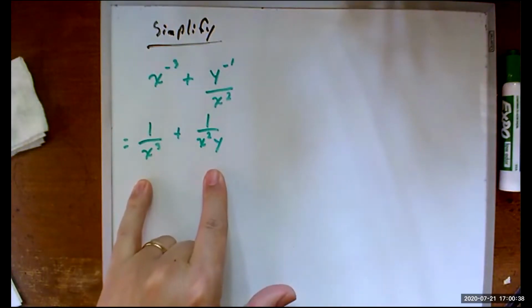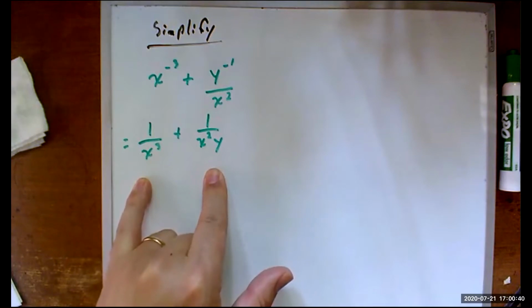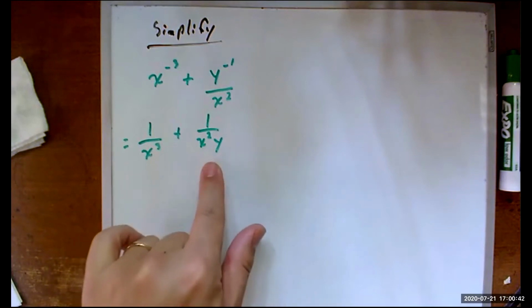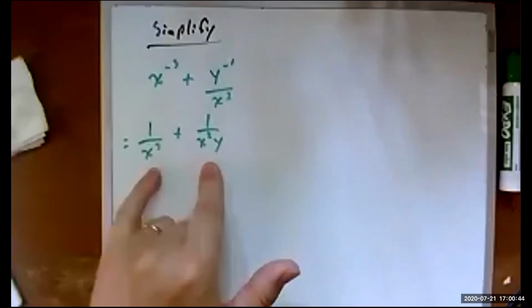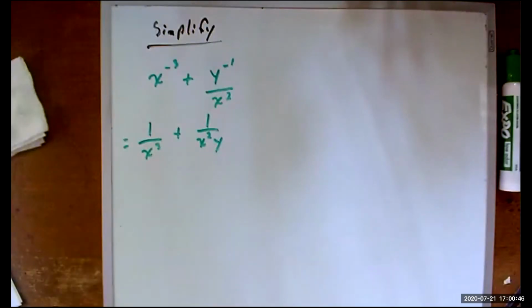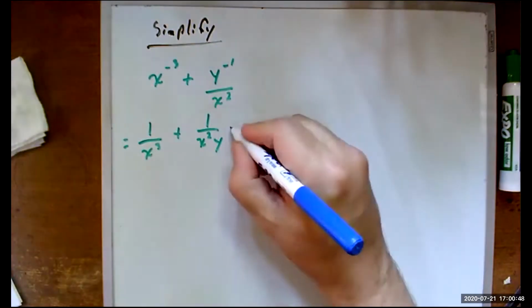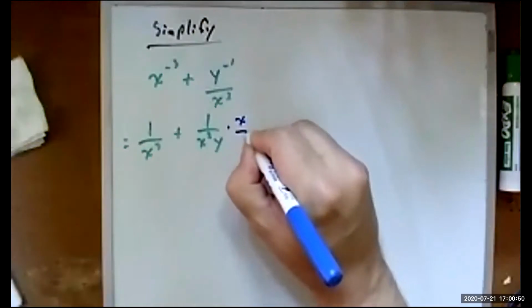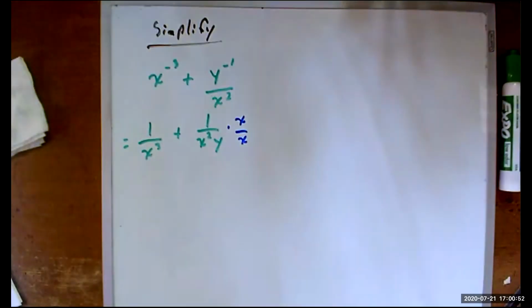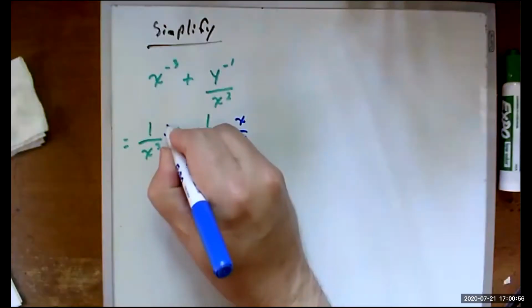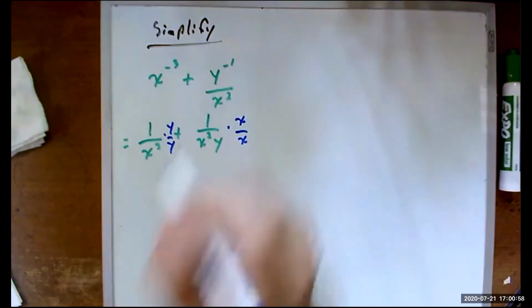Now we just have a pair of fractions we have to deal with. I need to get this side up to an x cubed, and I need to put a y on this side in order to make these balance. So what that's going to look like is this is going to multiply by x over x, and this side is going to multiply by y over y.